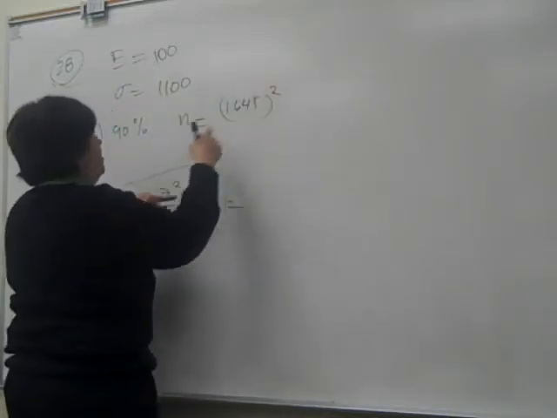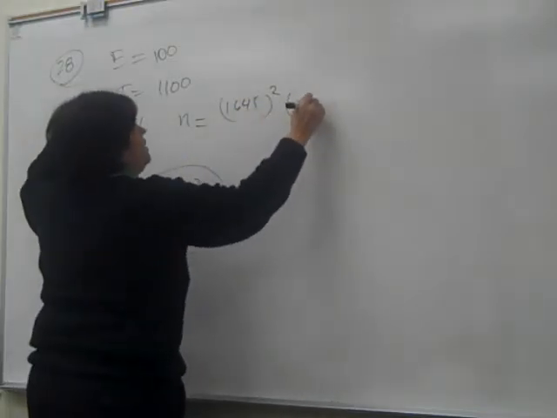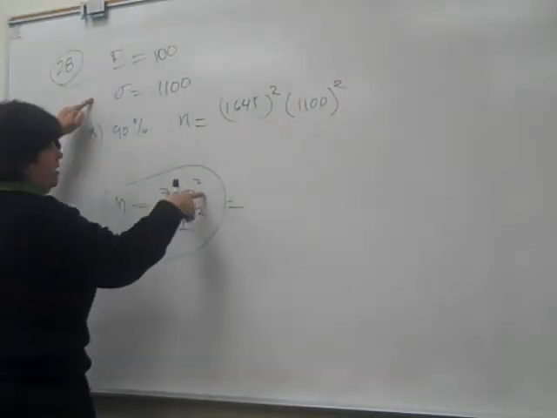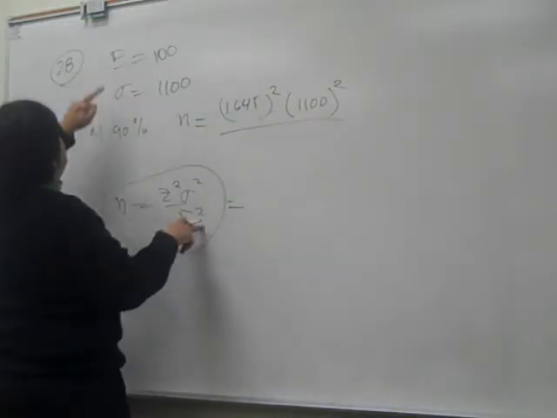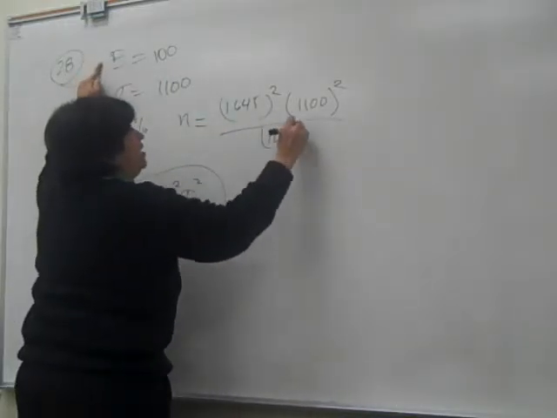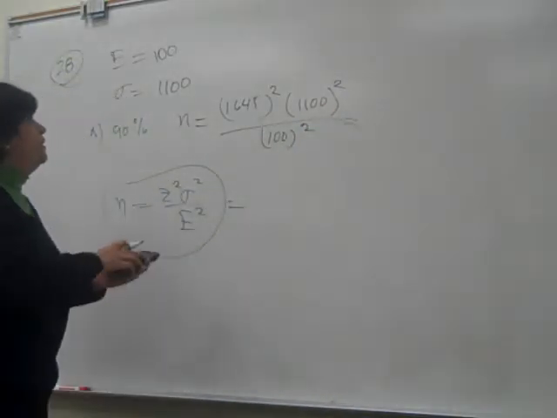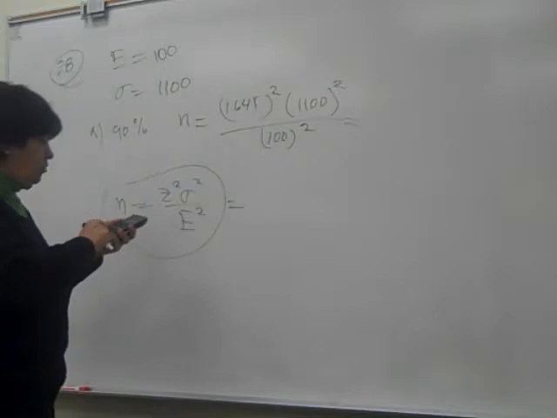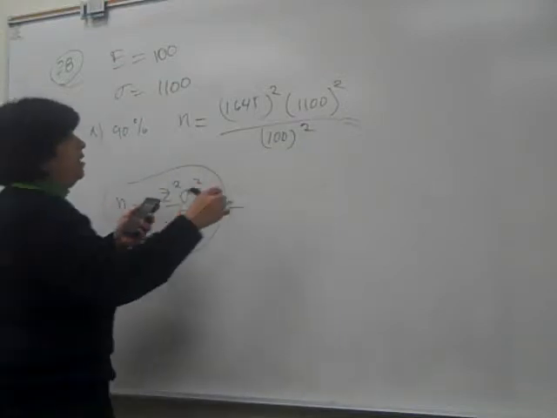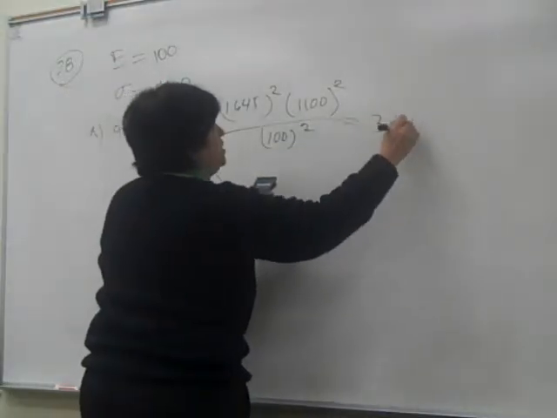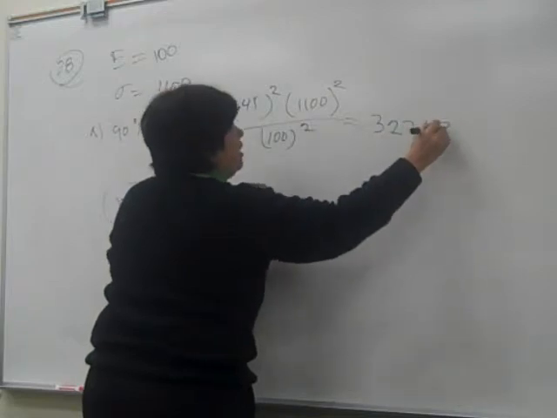1.645 squared times 1100 squared divided by the error, 100 squared, and that is equal to 327.43.